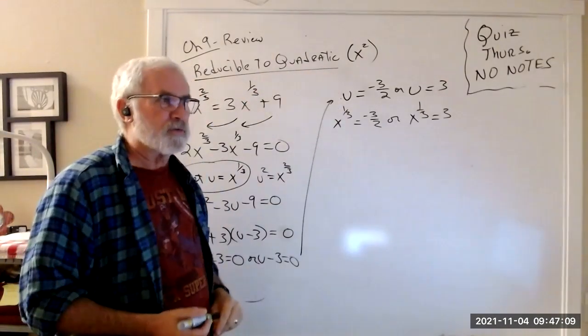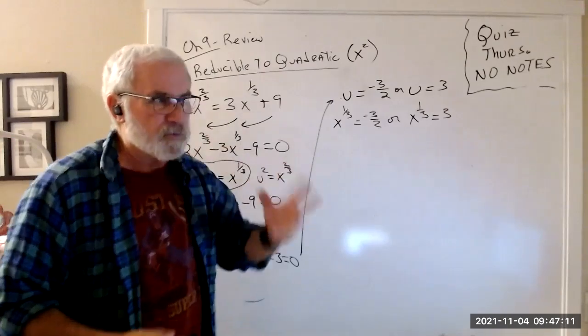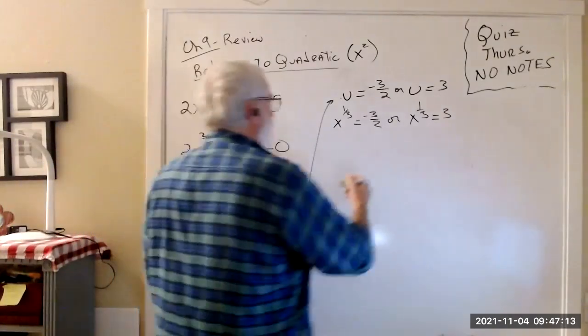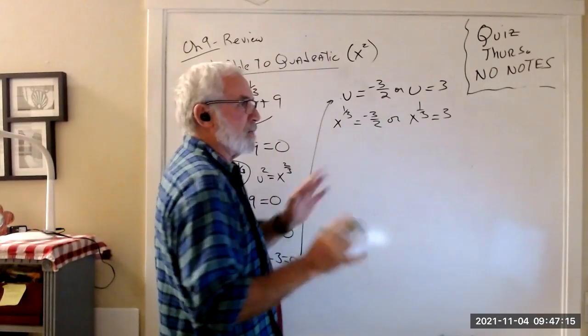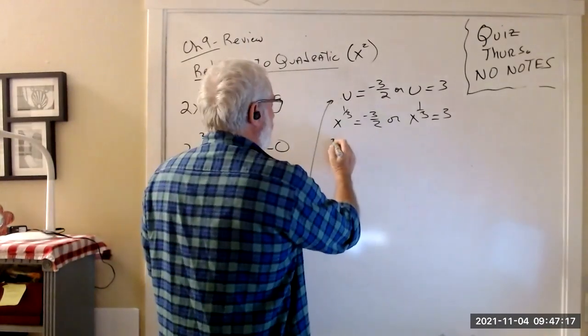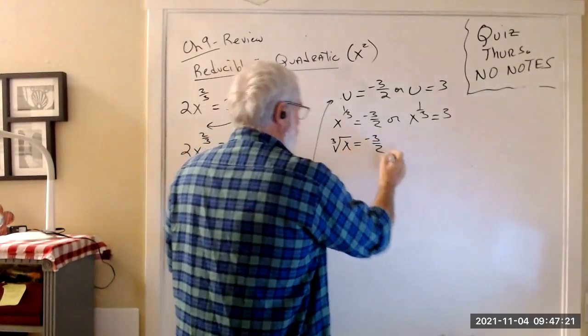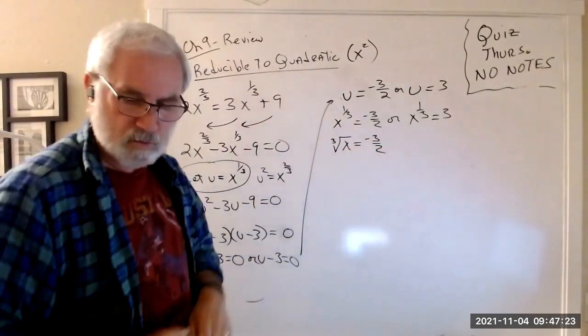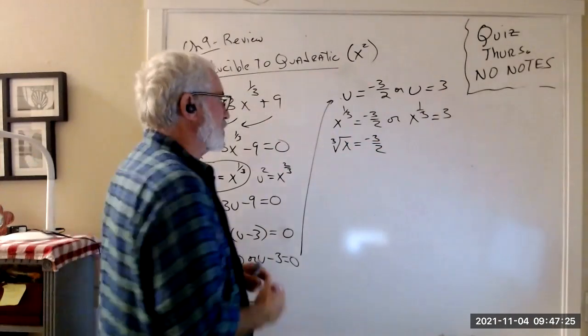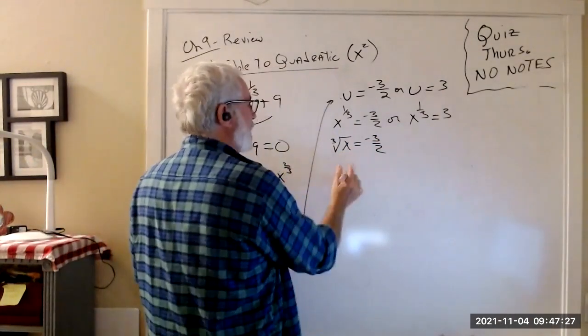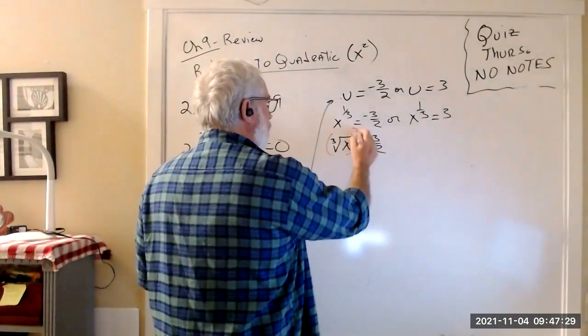There's 2 ways of thinking of that. First way, and you can choose either way. It doesn't matter to me. The 1/3 power is the same as the cube root. Okay, 1/3 power is the same as the cube root. So how do you get rid of a cube root? With a cube power.